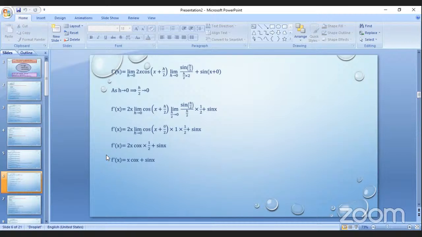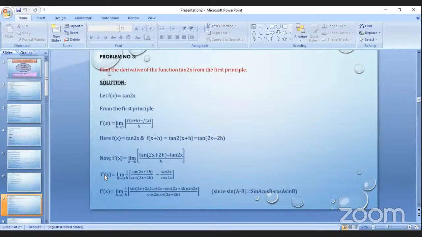Therefore, f'(x) equals x cos x plus sin x. Therefore, the differentiation of x sin x is x into cos x plus sin x.